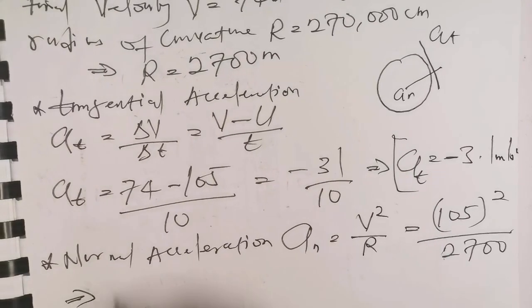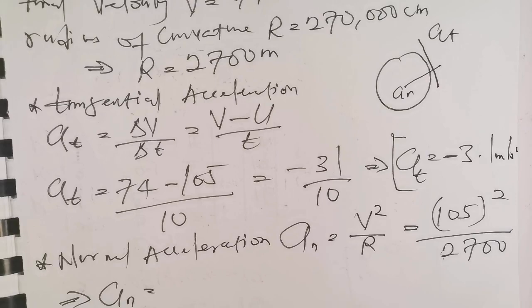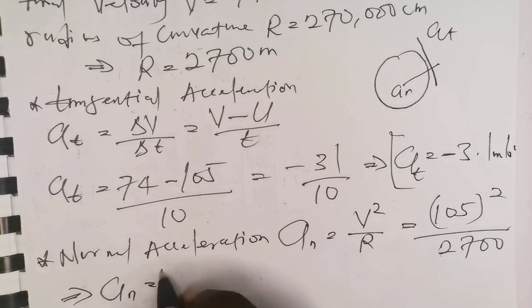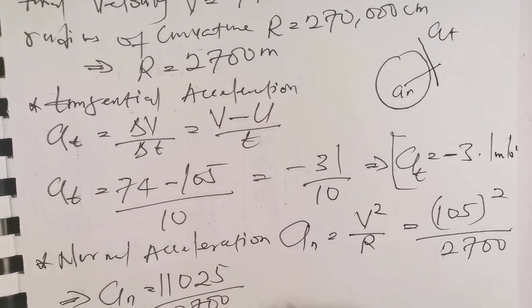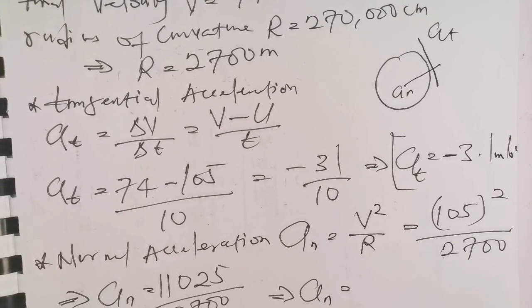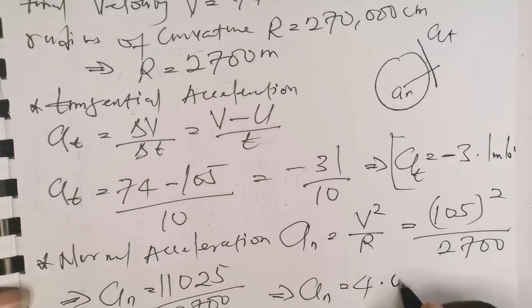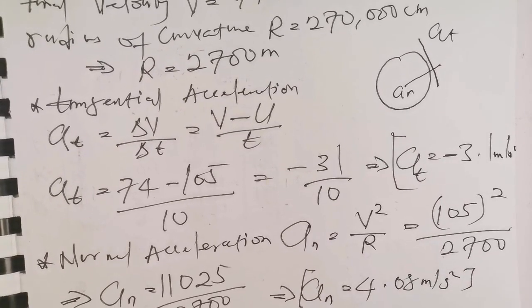So let's obtain 105 squared. That gives us 11025. 11025 divided by 2700 simply implies that the normal acceleration is equal to 4.08 meters per second squared. So this is our normal acceleration.